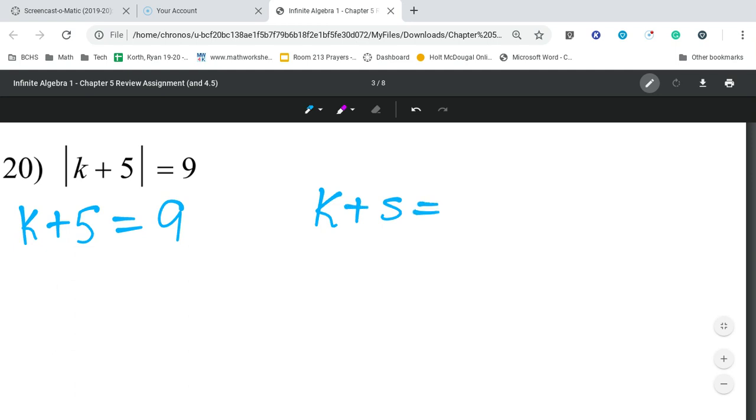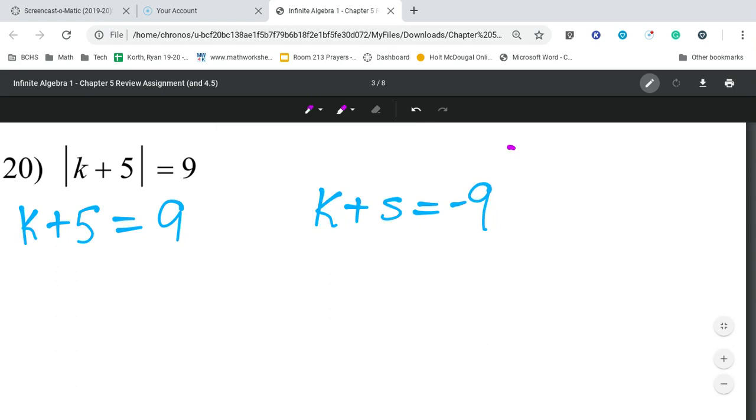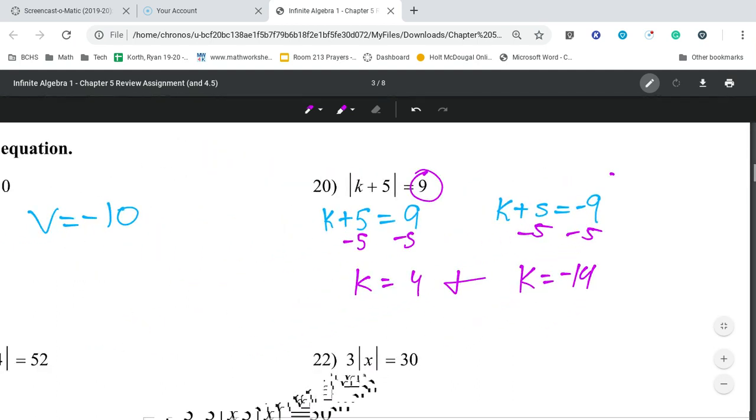Whatever's inside absolute value always is going to stay the same. The only thing that's changing is this number here. We need a positive and we need a negative. Undo addition with subtraction. Undo addition with subtraction. K equals 4 and K equals negative 14. Alrighty, that's that one.